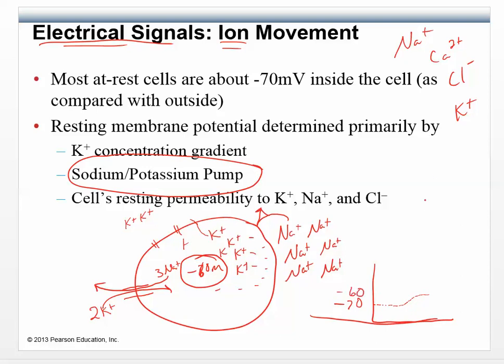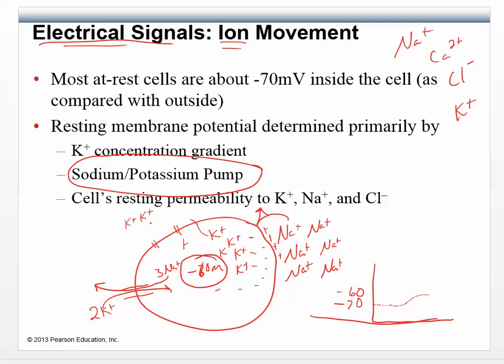Remember, polar is a charge differential from one side to the other. If this is positive on the outside, negative on the inside, with a difference normally of minus 70, we say it's a polarized membrane. So this becomes slightly depolarized.